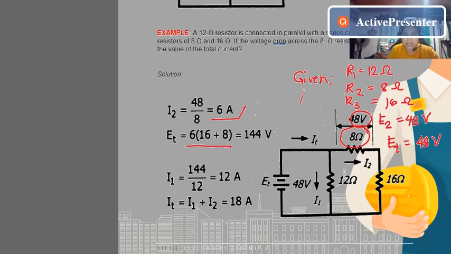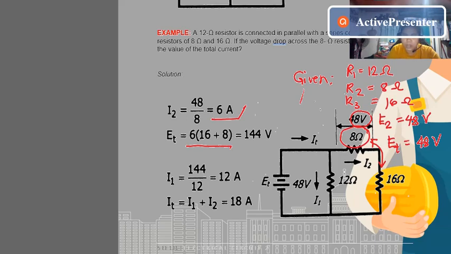So dire sa atoang 16 ug 8 na atong given. So i-solve nato from here. So we have 6, ang gadagan dire which is 6 amperes, we have 16 ohm plus kaning 8 ohms.